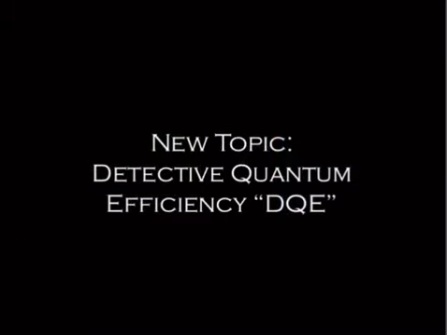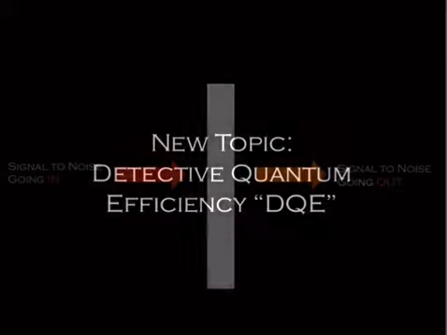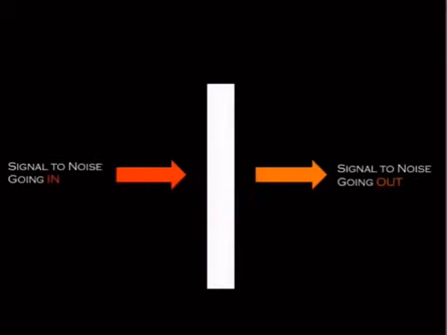So now let's talk about this vocabulary word called DQE, or detective quantum efficiency. Basically what that means is you have a signal to noise going in and you have signal to noise going out. And in a perfect world, you would have a 1.0 relationship. It would be 1-to-1. All the radiation that is absorbed and made into an image.